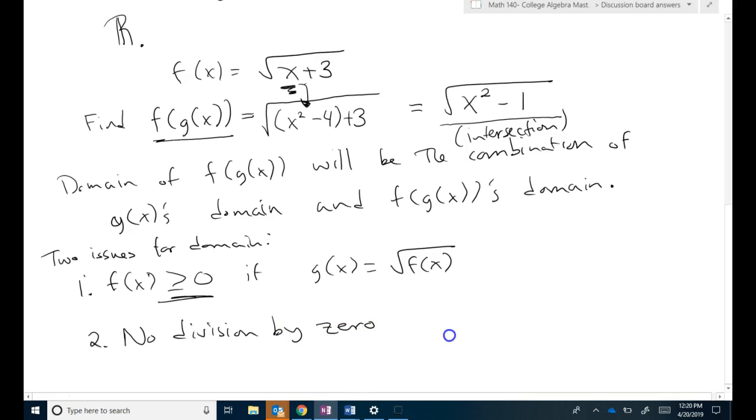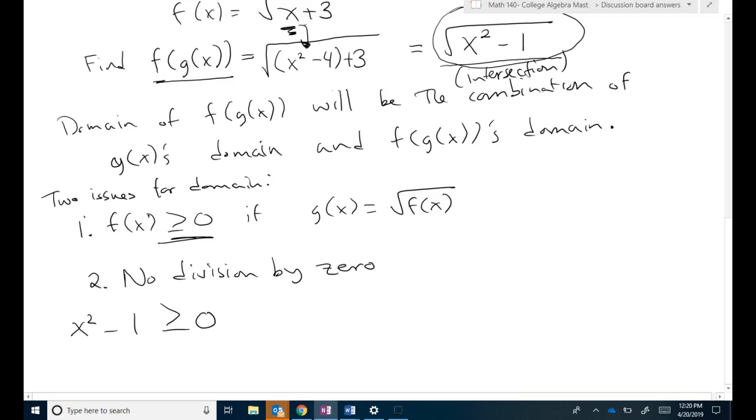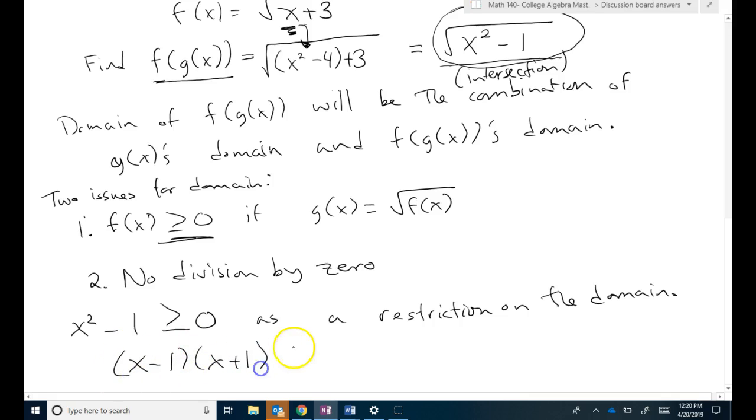If you notice, for f of g of x, right here, we have x squared minus 1. So we need x squared minus 1 to be greater than or equal to 0 as a restriction on the domain. All right? So then that means x minus 1 times x plus 1 has to be greater than or equal to 0.